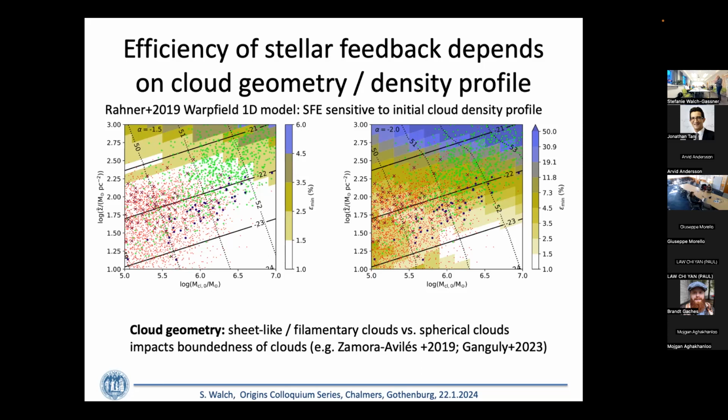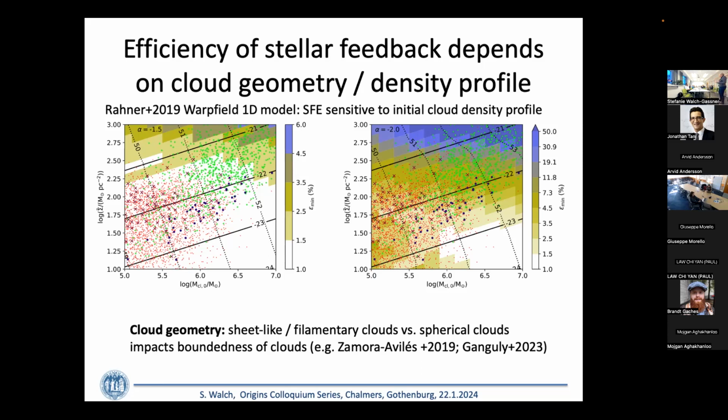So once you have the dense gas mass, it's very hard for the feedback to push back. So the question is, how much of the cloud is in this state that it's so dense and bound that you actually have to push back?